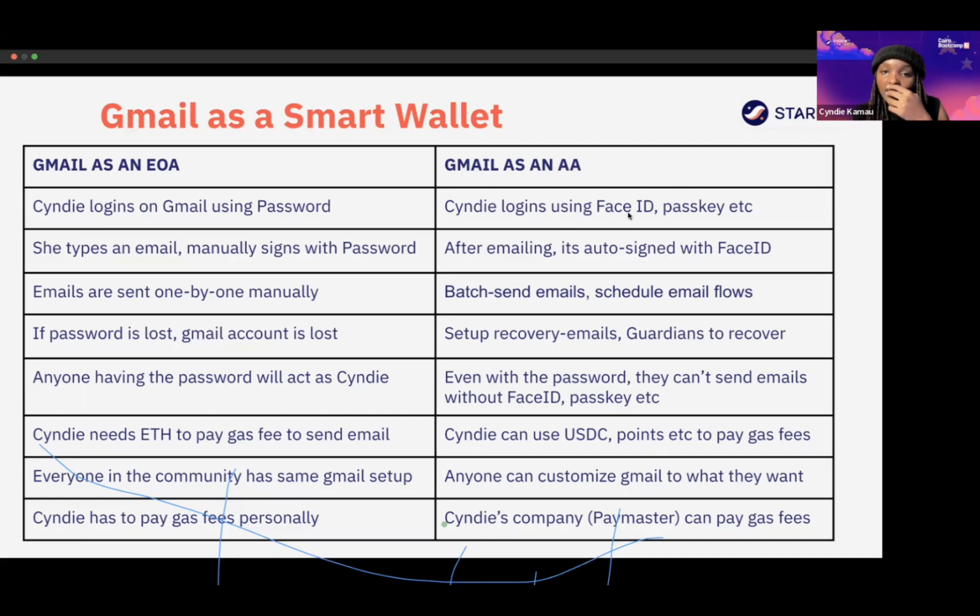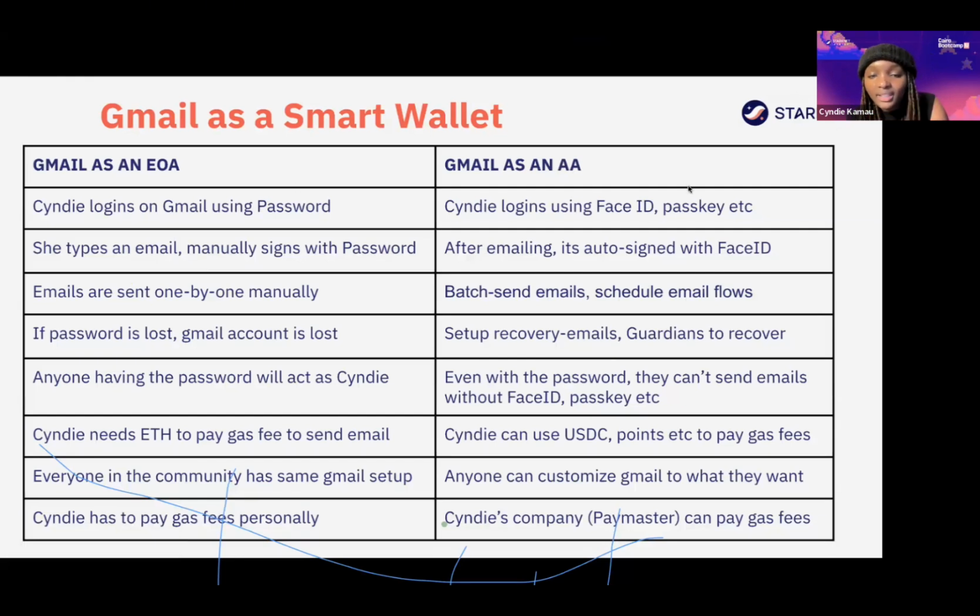You know, these days you can log in using Face ID, you can put in a fingerprint, etc. Imagine instead of having to use only your password, we can log into our Gmail wallet using Face ID, passkey, etc. Right? That would be so nice. I'm not confined to only my private key. I have other ways that I can log in. Okay. Now, how does this help?